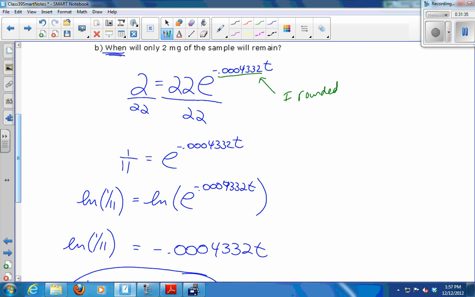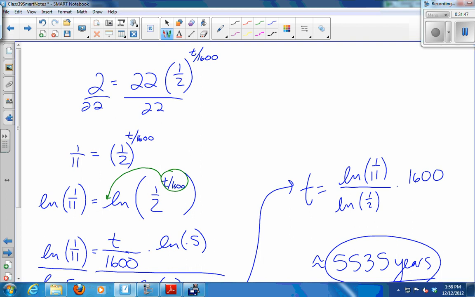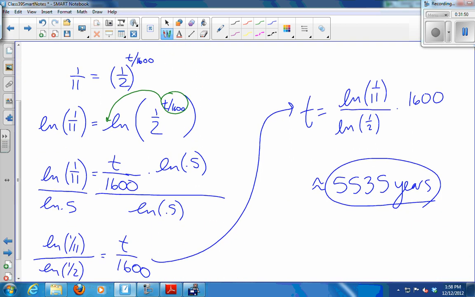When I got that number, it was actually several more decimals long, and I rounded it. So this answer, the one I did this way, is actually off a little bit. The one on the next slide is more accurate. Good questions today.